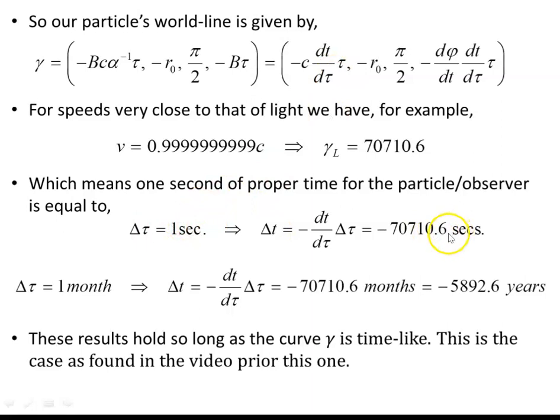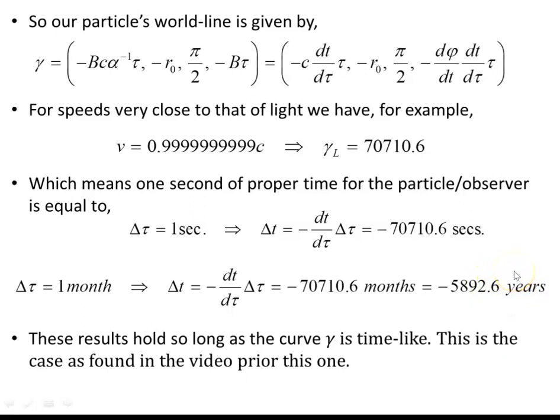That's 1 second giving us that. If we were to continue to travel on this curve for a month at the speed here, then delta t becomes that many months, 70,710.6 months, which is 5,892.6 years backwards in time into the past.